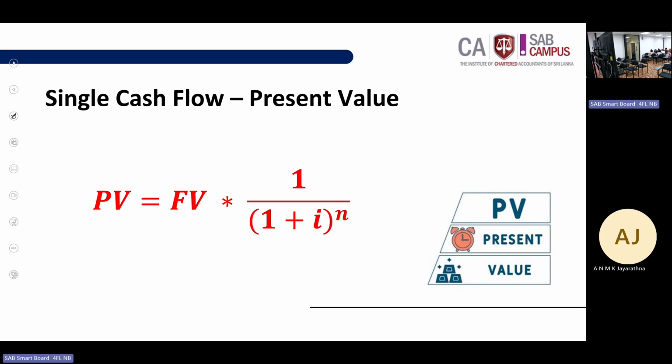Present value equals future value multiplied by 1 divided by 1 plus r to the power n, or directly future value divided by 1 plus r to the power n. That is also the same. Always the basic formula is rotated.